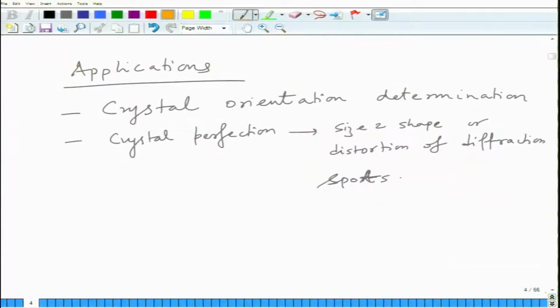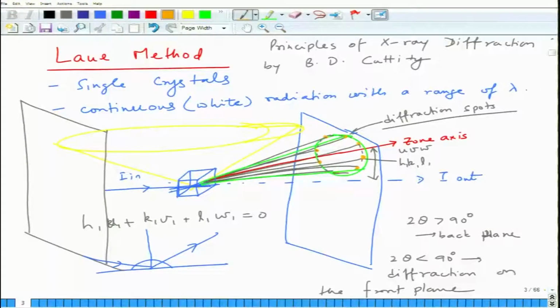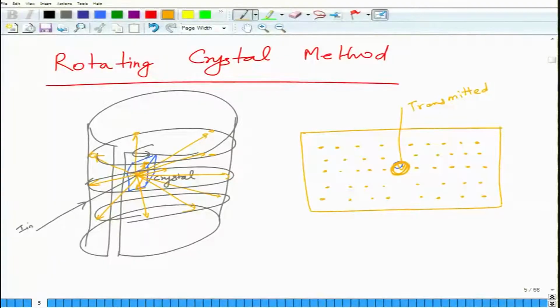Similar to the previous case, for accurate calculation, you need to determine the distance, the size of the camera film, and the distance between the spots, so that you are able to convert those into angles. Similarly here, you need to know the distance between the crystal and the film, the size and diameter of the film, and the perimeter, and then you determine the spacing between the spots and calculate the angles properly, and then correlate with the HKL.